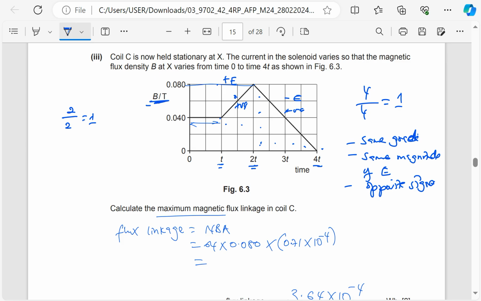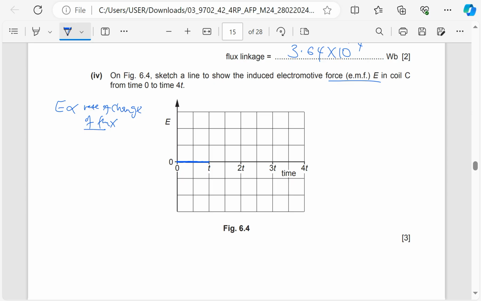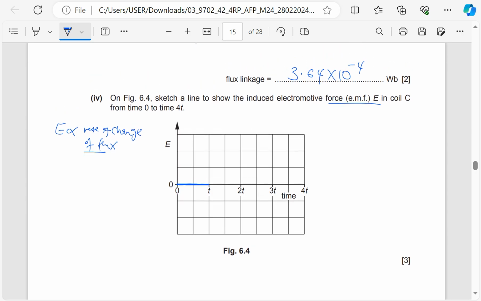Why are they opposite signs? Because one gradient is positive, one gradient is negative. So I will sketch that. Here, because it is a straight line, it means the induced EMF is constant but not zero. So here will also be constant but not zero, but these are in opposite directions because the gradients were opposite. So that will be our graph.